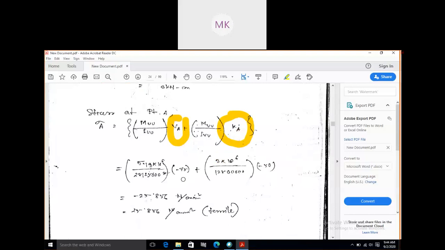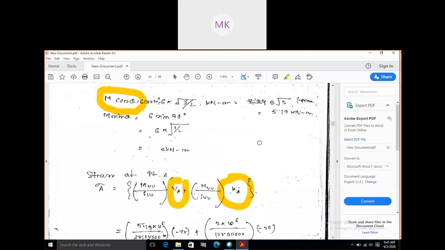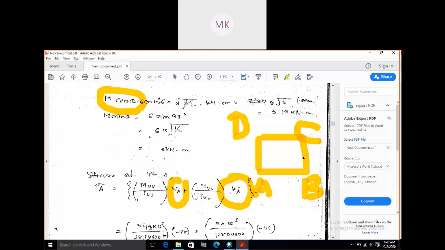See here, what we have used: we have written minus 75 and minus 50. You may have a doubt how it came. For this, all of you please listen carefully. We have our section with points A, B, C, and D. This is a rectangular section.